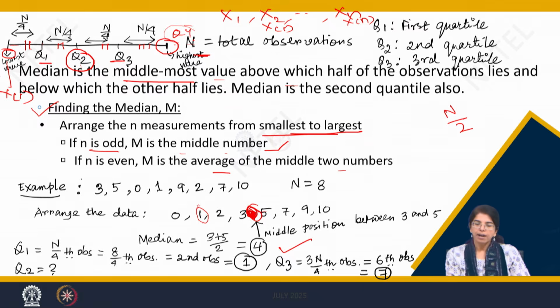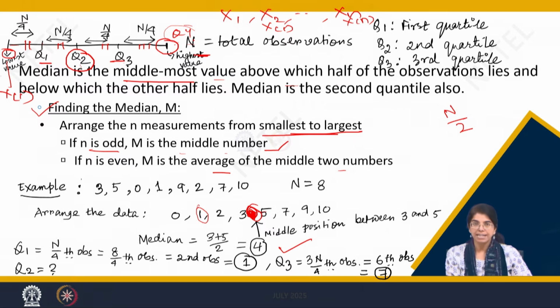Similarly, you can find Q3, the third quartile, that is the 3n by 4th observation, which means the 6th observation. You just replace n by 8: 3 into 8 divided by 4, so the 6th observation. Count the 6th observation in this sequence: 1, 2, 3, 4, 5, 6.